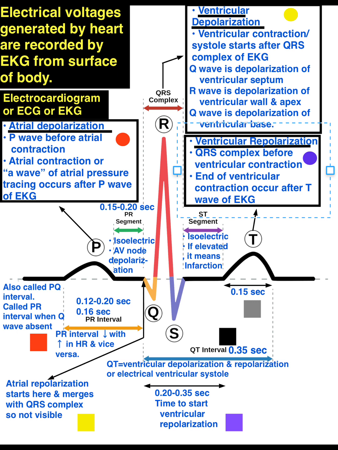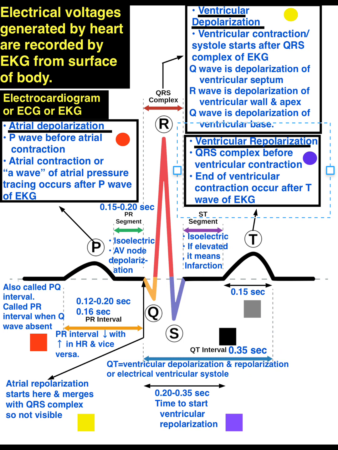Let us describe QT interval. It starts with onset of Q wave and it ends with end of the T wave, and its duration is 0.35 seconds. Basically, QT interval includes ventricular depolarization and repolarization. It represents electrical ventricular systole.